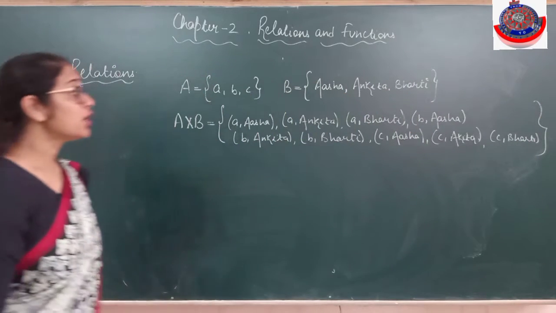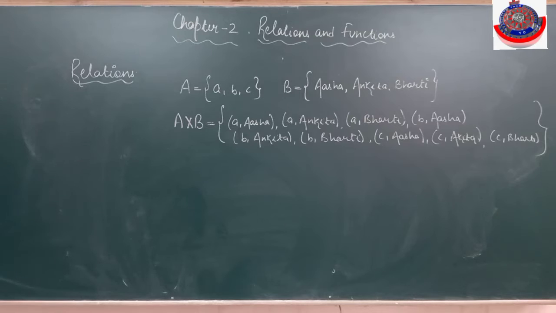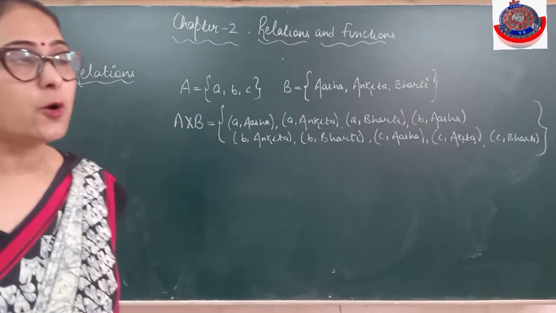Alright, these are the ordered pairs. This is the Cartesian product, which is a set of ordered pairs where the first element belongs to the first set and the second element belongs to the second set. This we have done till now.